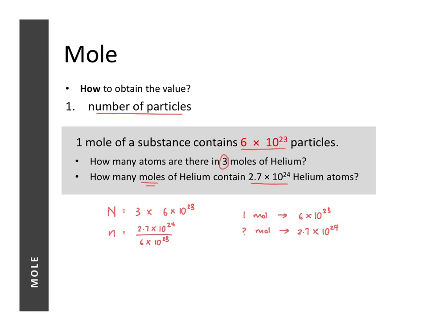Now from these two sample questions, I hope you can see how number of particles is related to number of moles. In fact, we can use a triangle to represent that, and the triangle looks something like this. Alright, now I'm going to use L to represent Avogadro's number.